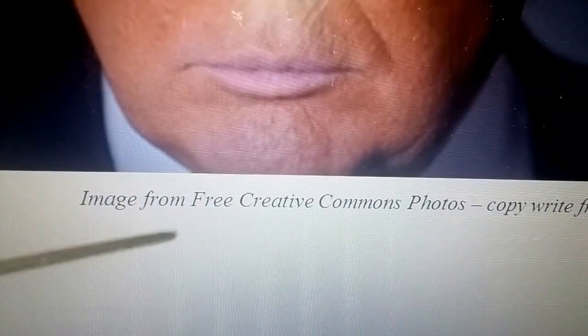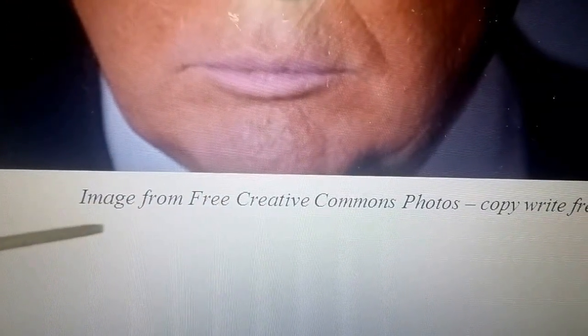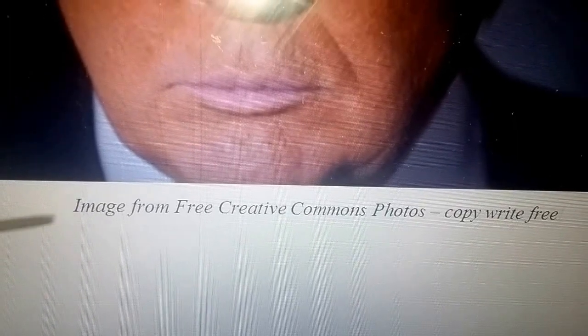I think I'll go on to Princess Di, Princess Grace, Shirley MacLaine, and Michael Jackson as extremely good examples of ways to look at your chart and those around you. I want to make note that this picture is copyright free from Creative Commons photos.